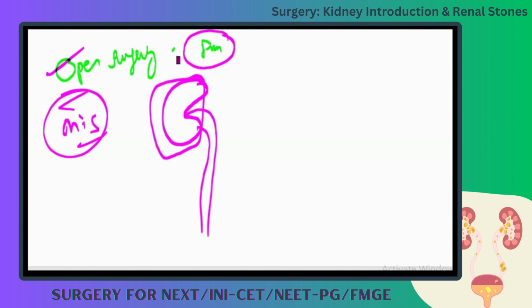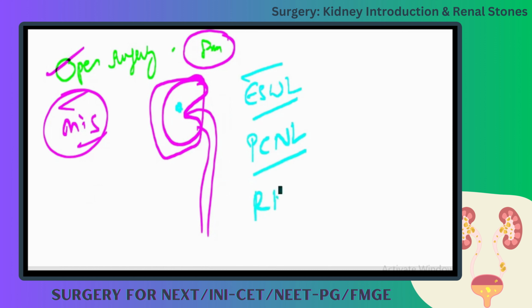What are the treatment options for kidney stones? One is ESWL. One is PCNL. And the other is RIRS. I'll tell you what these are, but just remember ESWL, PCNL, RIRS.